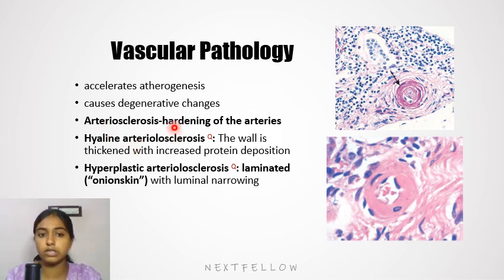This arteriosclerosis can be hyaline arteriosclerosis as well as hyperplastic arteriosclerosis. Hyaline arteriosclerosis is where the wall is thickened due to increased protein deposition. We have seen that endothelial cells will be defective, so there will be increased protein deposition in the blood vessels. In hyperplastic arteriosclerosis, we can see a laminated onion skin appearance along with luminal narrowing.